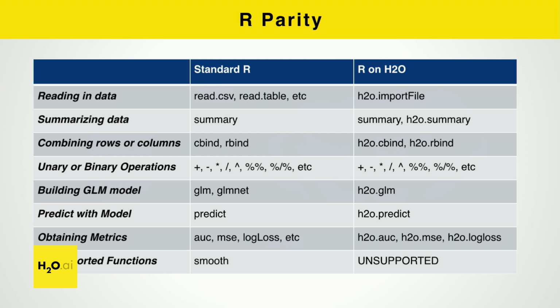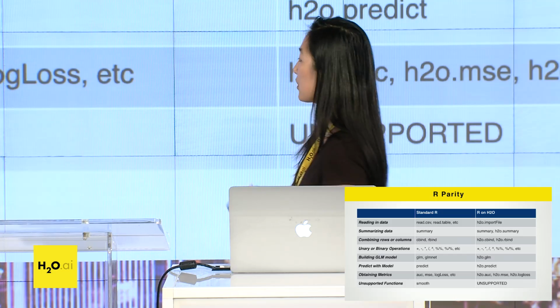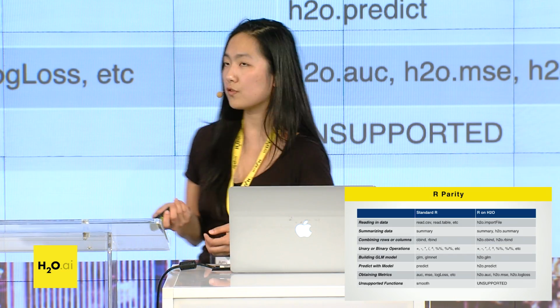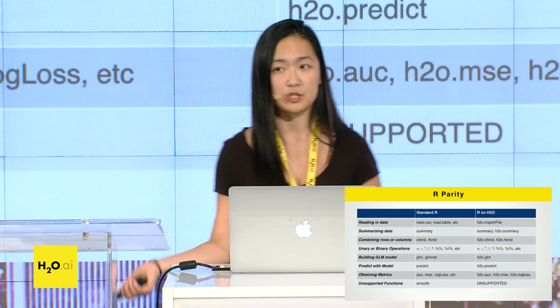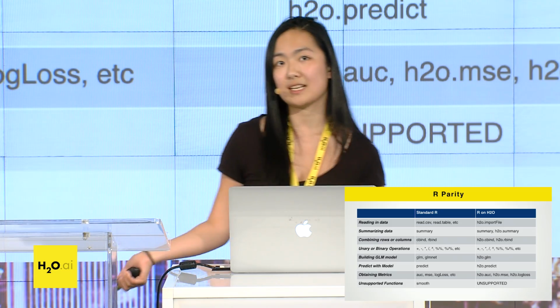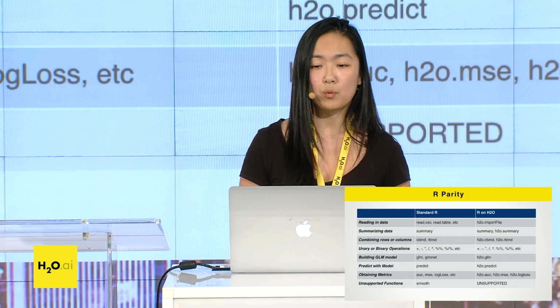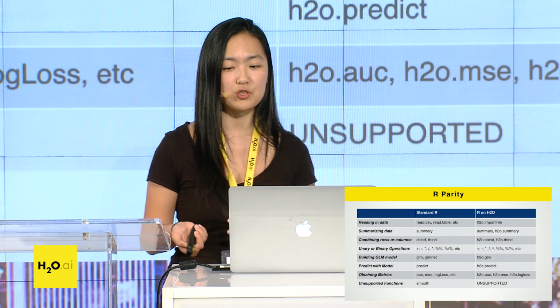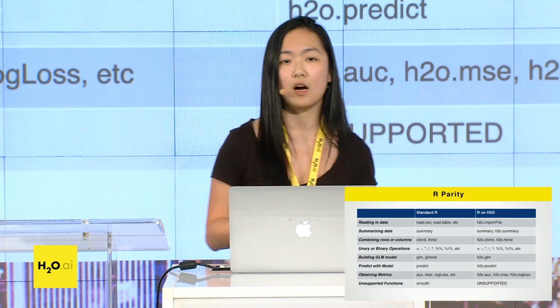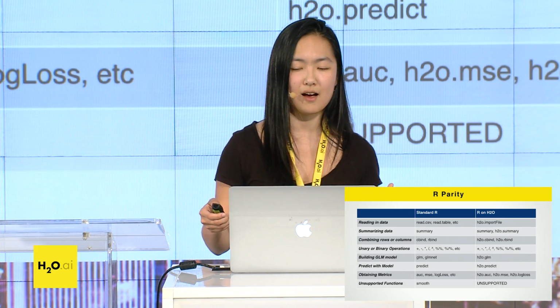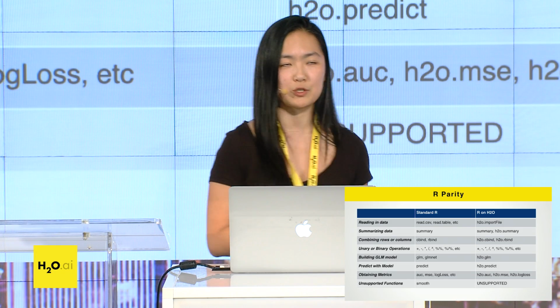I mentioned before that this is kind of important: the unsupported functions in H2O. If you want to use something like the caret package or a smooth function, that is not written into H2O, so we don't support it. One way to get around this is to use R or Python as a complement language rather than using H2O to substitute the language.